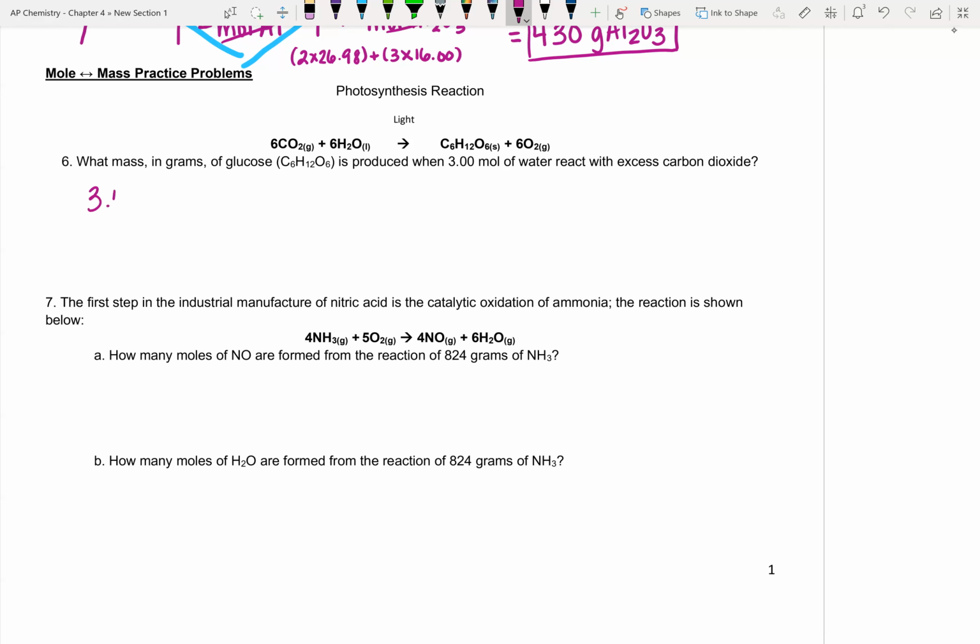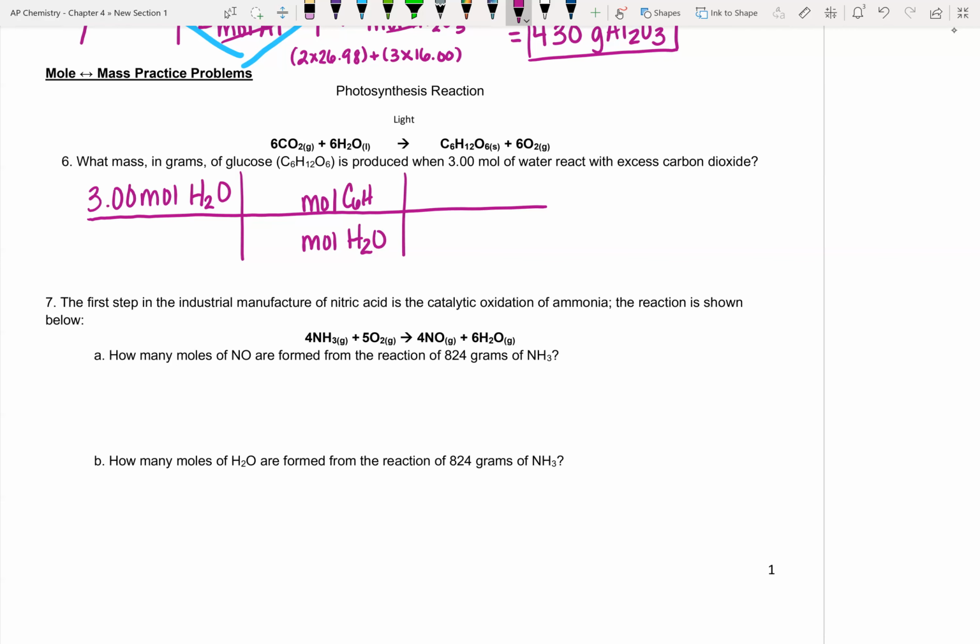So I'm starting with 3 moles of water. This is going to be a mole mass question. First step, pull those moles down into the denominator. This means that I'm going to do the mole-to-mole ratio here because it's the first time the moles appear in the denominator.